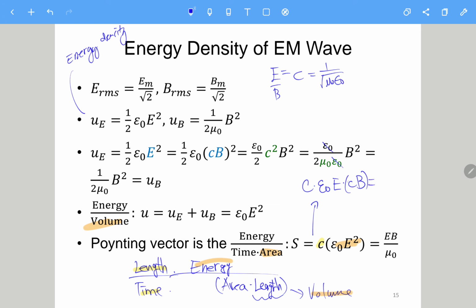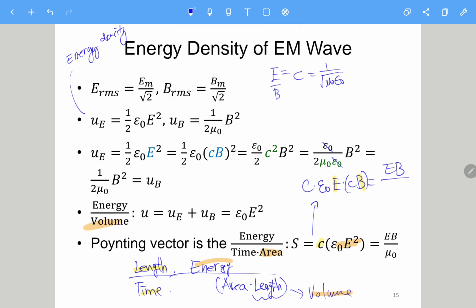So it becomes E and B, so we write it here, EB, and then we have c squared epsilon naught. c squared is 1 over mu naught epsilon naught.